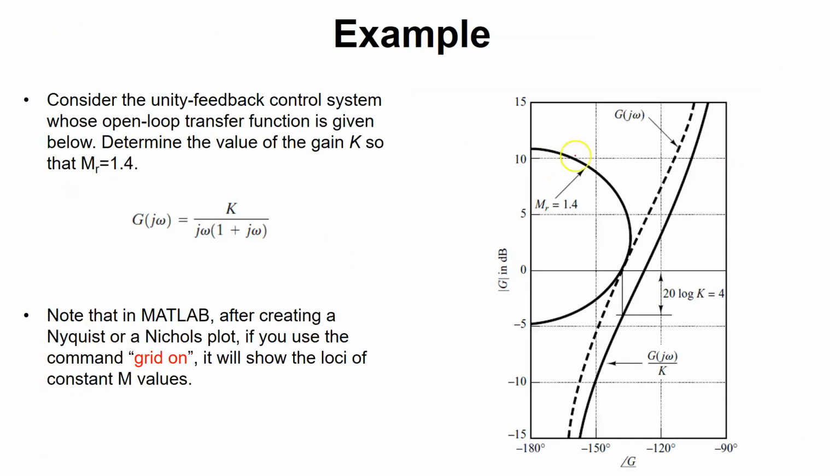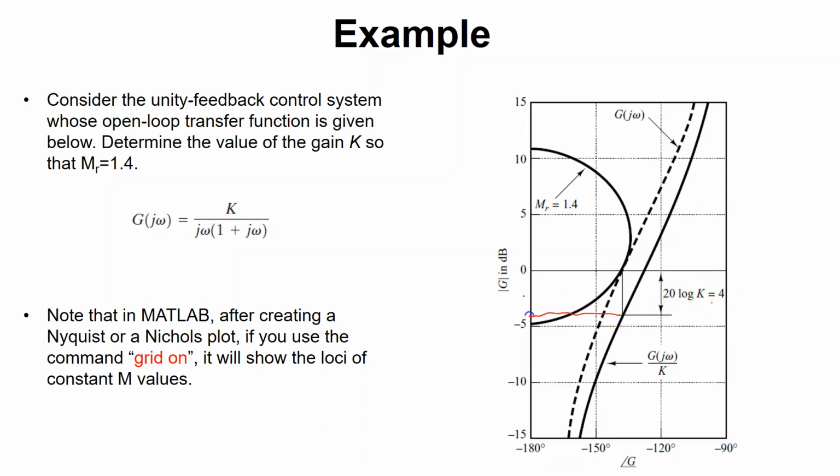And that's what you see here. That is the curve. This is the transfer function Nichols plot for k of 1. Now I say, well, how much should I shift this up so that it becomes tangent to that curve? It has a solution at one frequency only. If you do these two plots, you can find out all I need to shift this up is about 4 decibels, right?